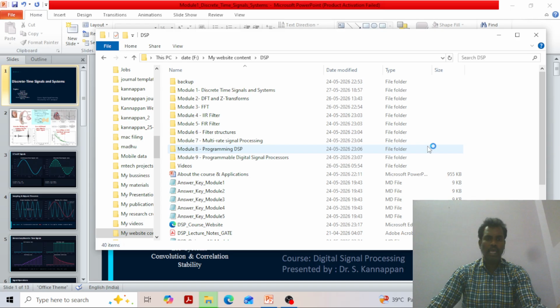But in practice, any digital system may not work with one sampling rate, but multiple modules may be involved in any system. Those modules may not work with the same sampling rate. One module may work with one sampling rate, another module may work with another sampling rate.